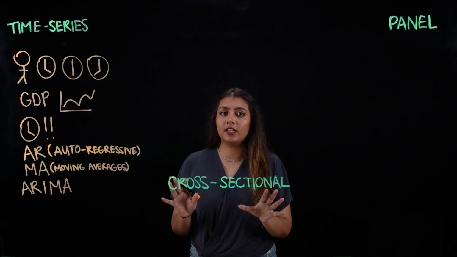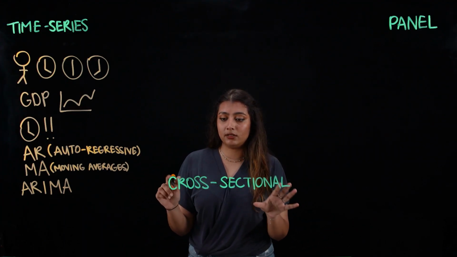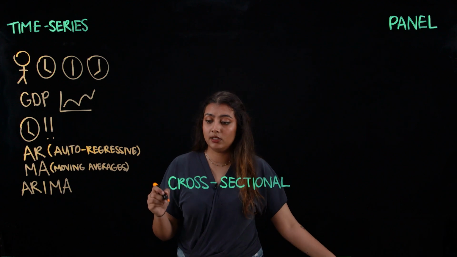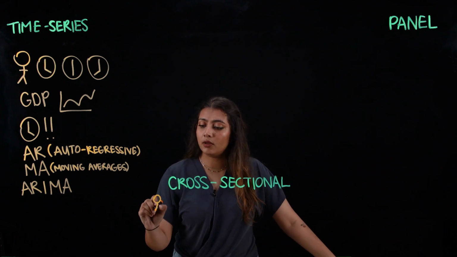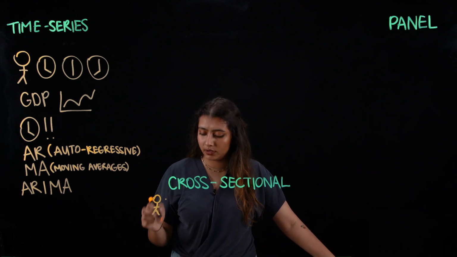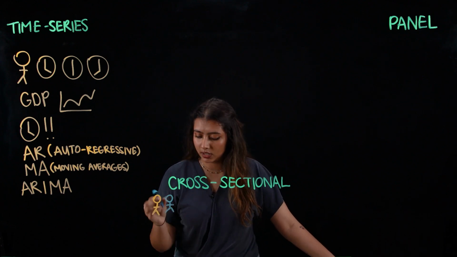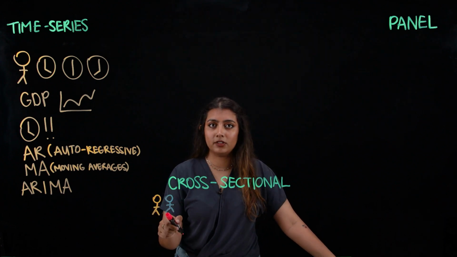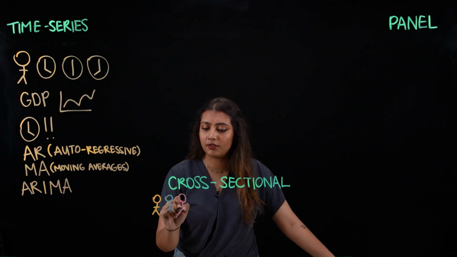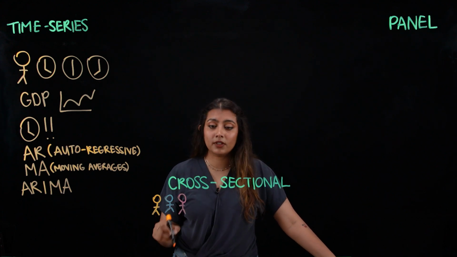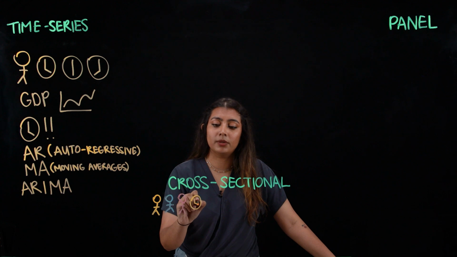So our second type of data is going to be cross-sectional data. Now, what is cross-sectional data? That is going to be looking at multiple subjects over, let's actually use multiple colors. Maybe that'll be easier to understand, right? So we've got Bob, we've got Joe, we've got his friend Liz, and we're going to be observing them over one period of time.